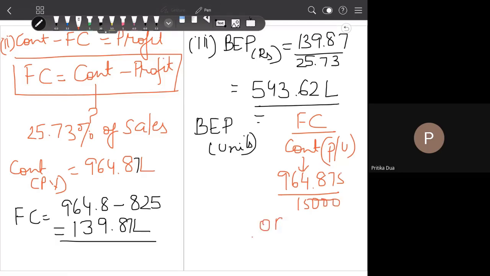Or you can directly take the break-even point in rupees and divide it by the selling price per unit. The quantity you get is 21745 units. Please check. Are you getting this answer, everyone?